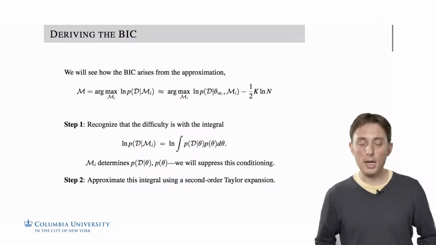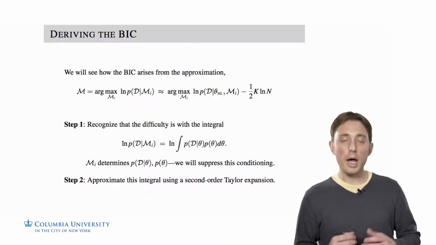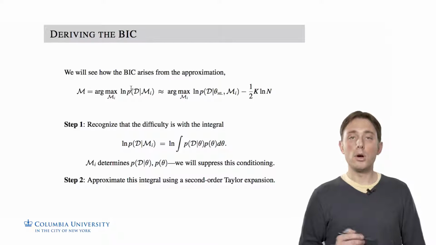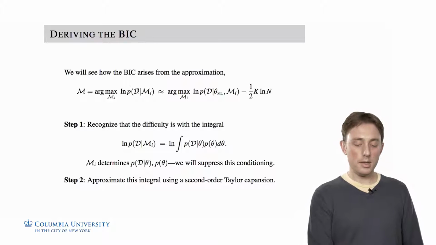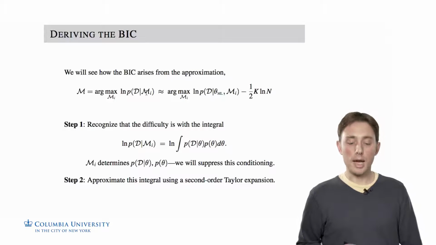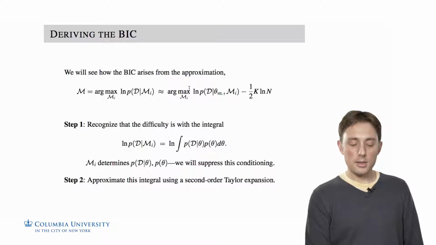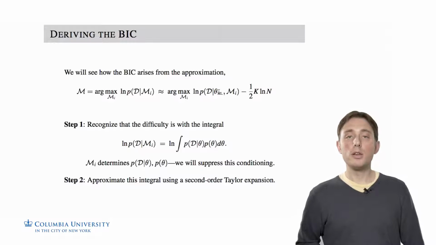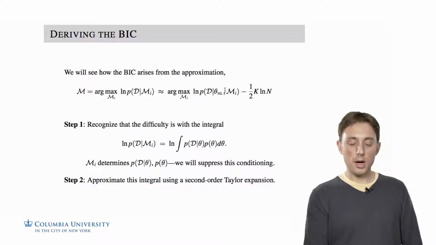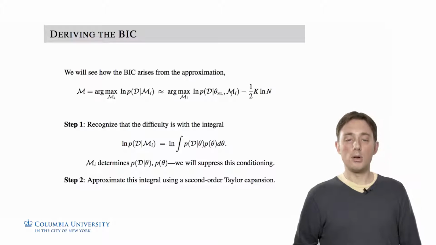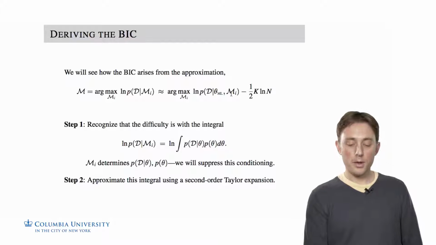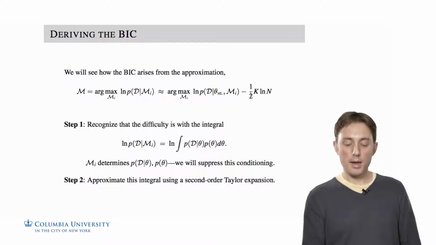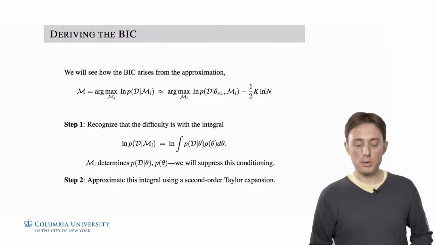We'll see how the BIC criterion arises by approximating this log marginal likelihood of a data set given the model class as equal to the log likelihood of the data given the maximum likelihood parameter setting of the model and given the model class, the model order, minus the BIC penalty, minus 1/2 times k times the log of the number of observations.